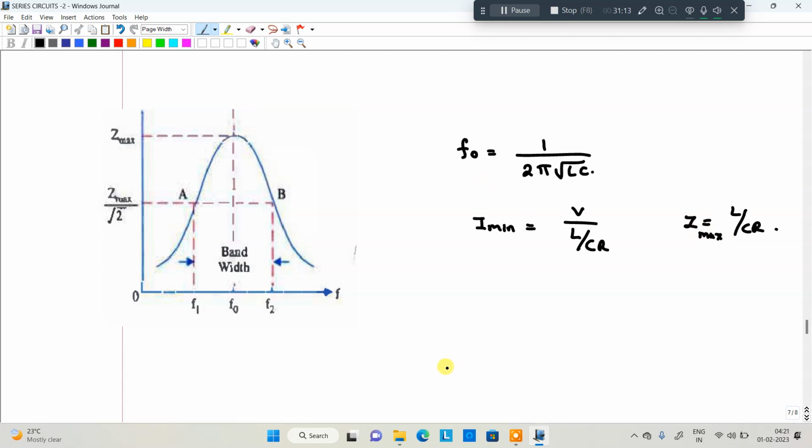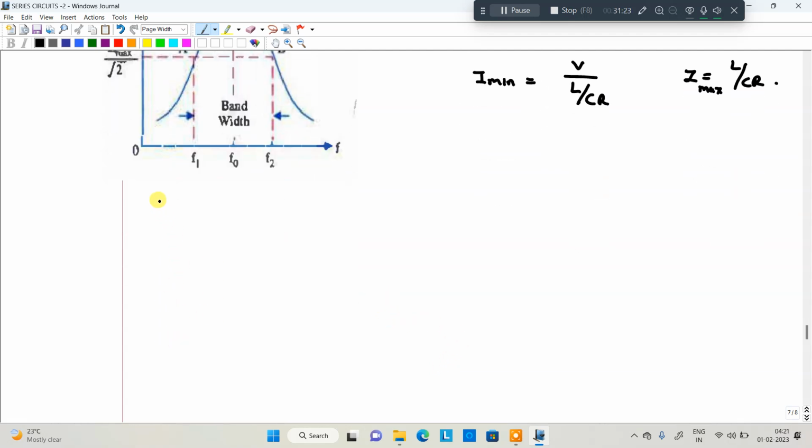We have to discuss a few points related to the characteristics of the series and parallel resonance circuit. The series circuit offers minimum impedance.